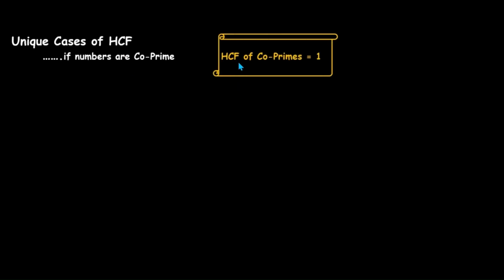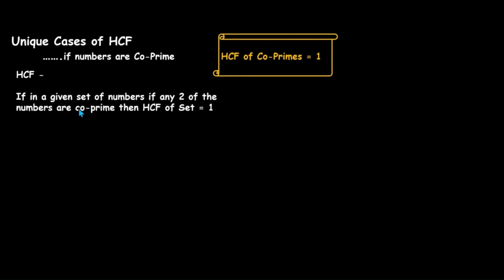There are times where we can come across co-primes while calculating HCF, and the HCF of co-primes is always going to be 1. So in a given set, if any 2 of the numbers are co-prime, then the HCF of the entire set will become 1. Here are a few examples: 3, 5, 10 and 15.